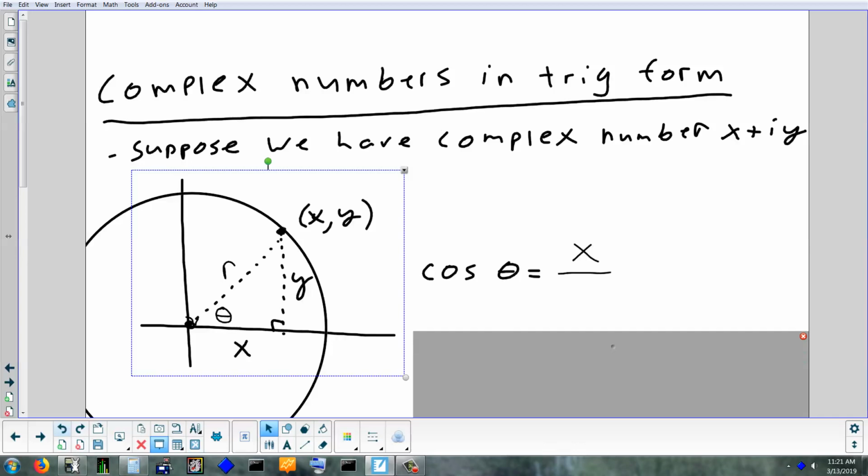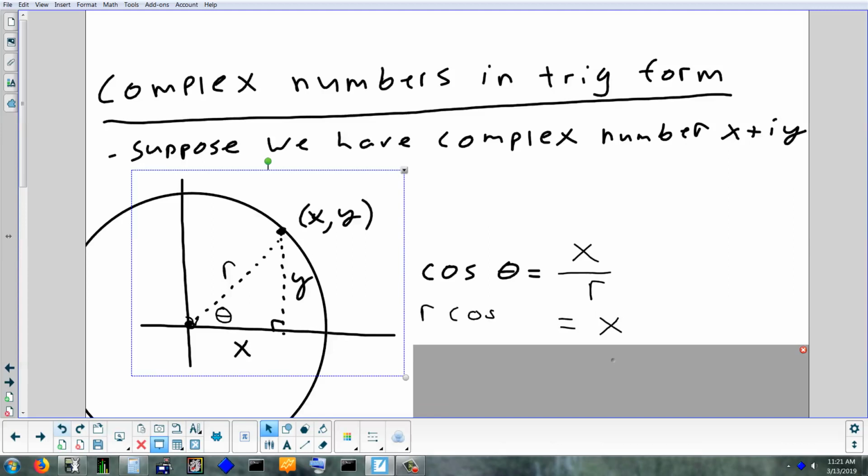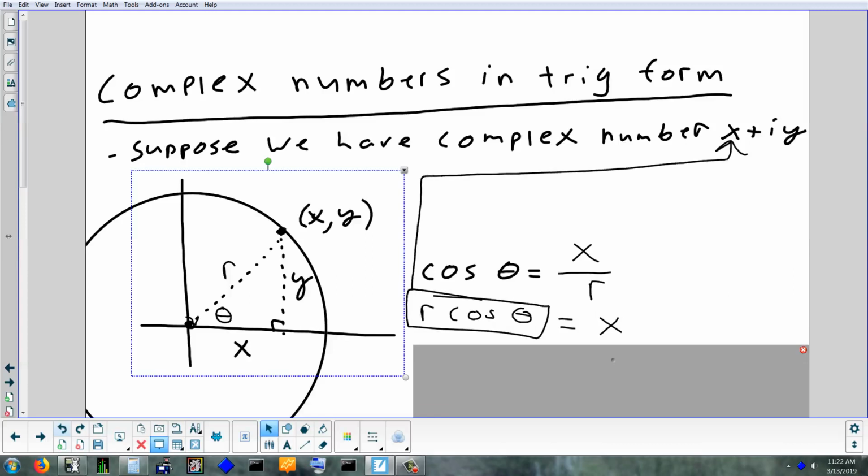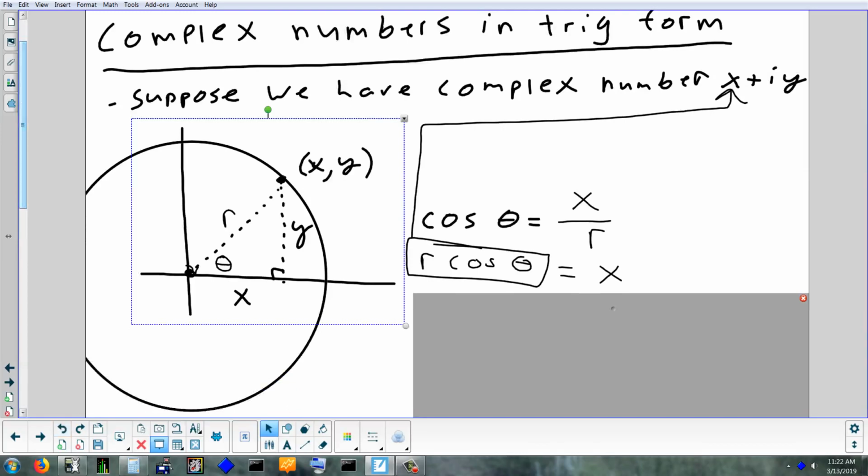And what side is the hypotenuse? r, yep. And now my goal here is to get x by itself. So how would you put the r on the other side? r cosine theta. So now we've got a new formula for x, and the formula is r cosine theta. In a minute, not yet, we're going to plug that in right there. That's going to be our formula we change x to. Now we have to do the same thing for y.